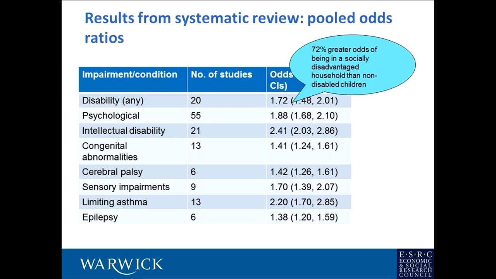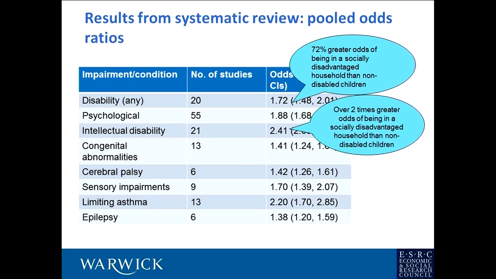So for this group, studies that identified children with any disability or all-cause disability had a 72% greater odds of being in a socially disadvantaged household than non-disabled children.